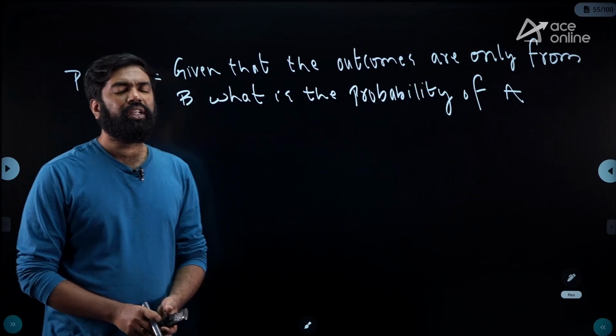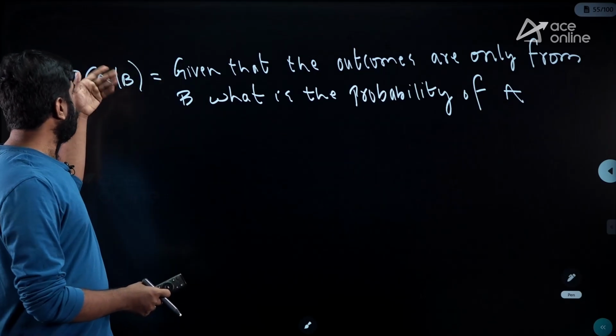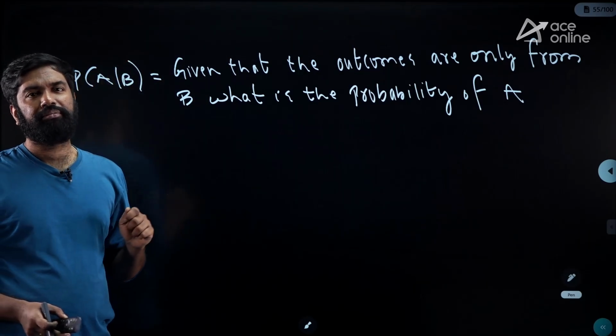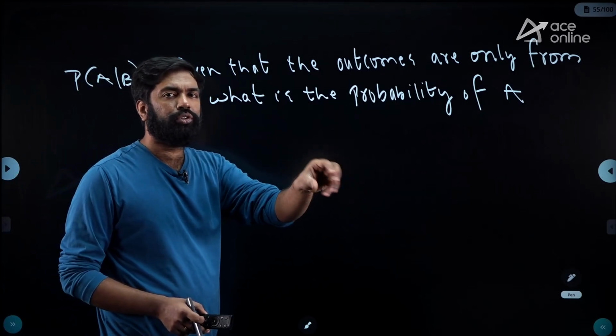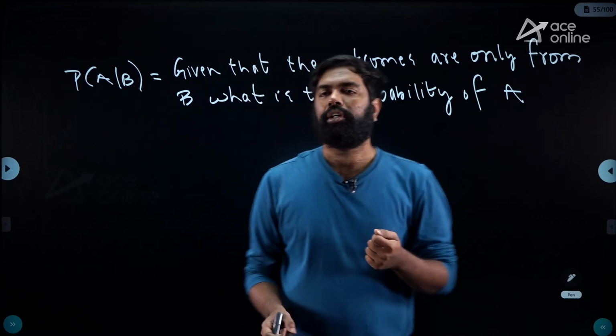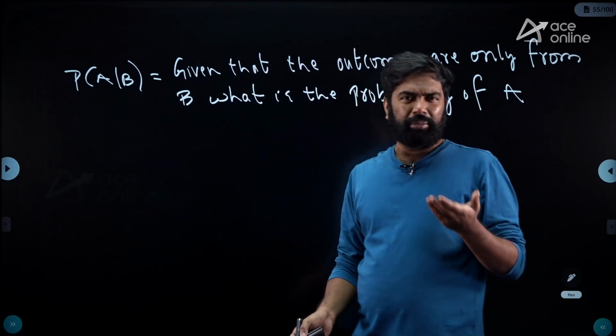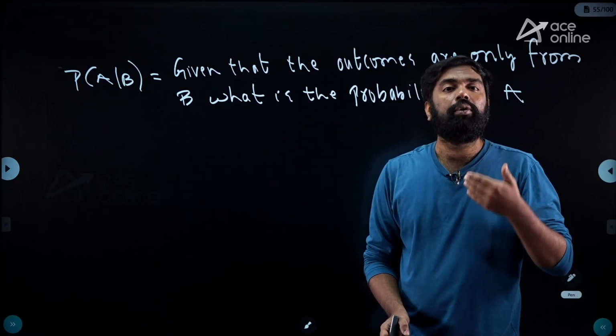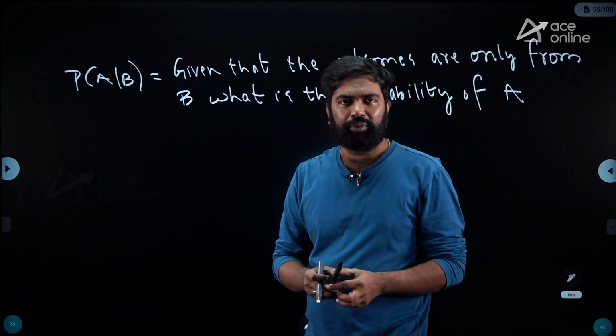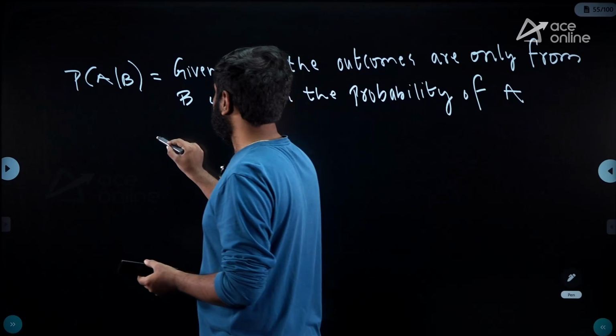Students, there are many instances where they'll not give you this expression P of A by B, but they'll give you a sentence. Given that the outcomes are only from B, what's the probability of A? You have to decode and say, look, this is conditional probability they are asking. And what is the expression for that?